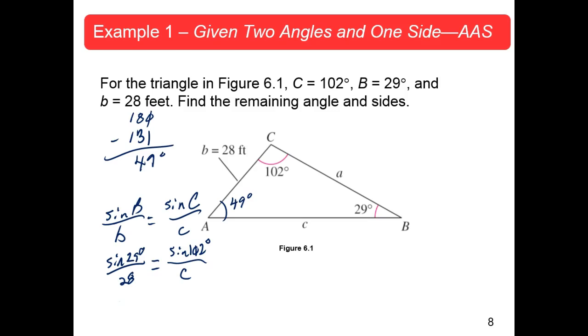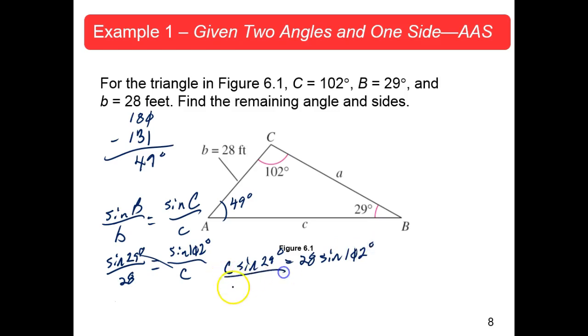I'll do it the long way now, but after a while you'll see there's really a nice shortcut. Aaliyah mentioned cross-multiplying. If you multiply the top of one by the bottom of the other, that would give you sine of 29 degrees times C is equal to 28 times the sine of 102 degrees.